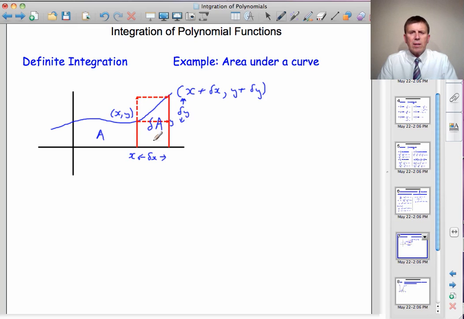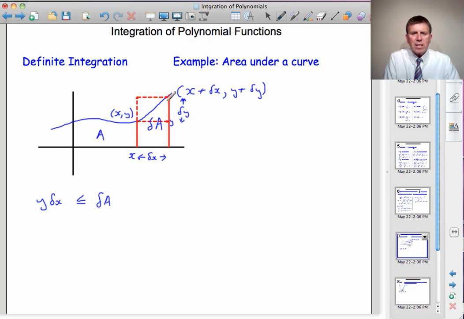So let's see if I can write down some kind of relationship for delta A. Well, it's bigger than this small rectangle here. So it's bigger than the y coordinate, y, multiplied by delta x. So let's say delta A is greater than or equal to y times delta x.